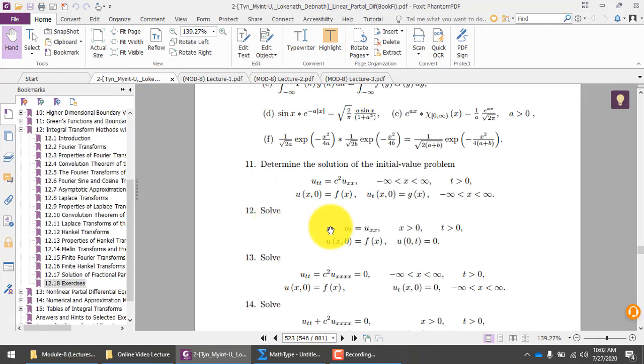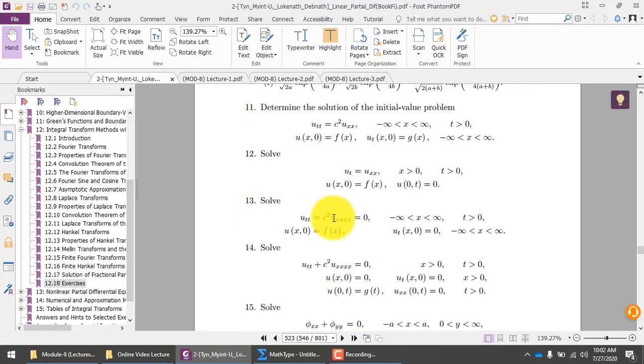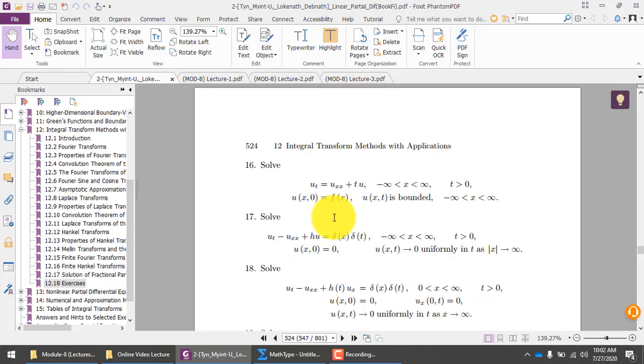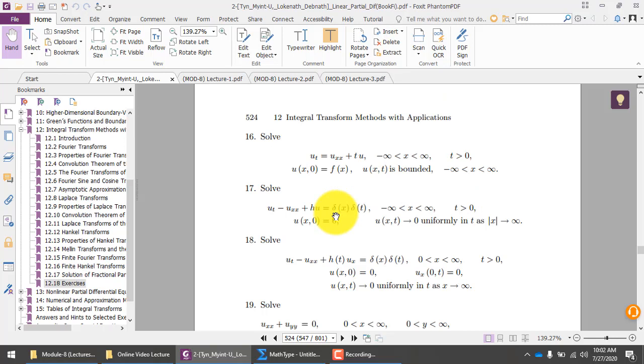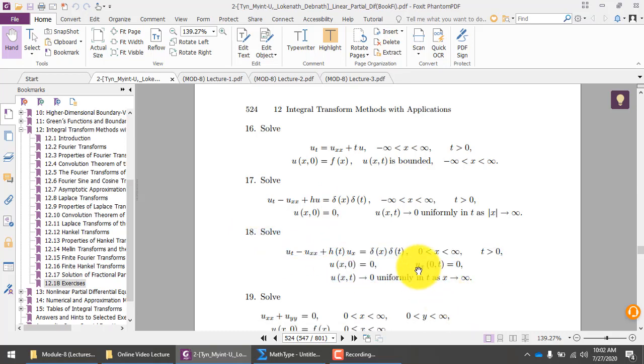One more idea for which transformation is best suited: this is 18, maybe 18 I have solved already. Here the derivative of u with respect to x at x equal to 0 is given and x was also between 0 and infinity. So what is the best suited formula?